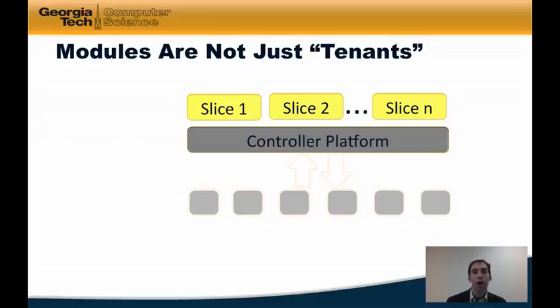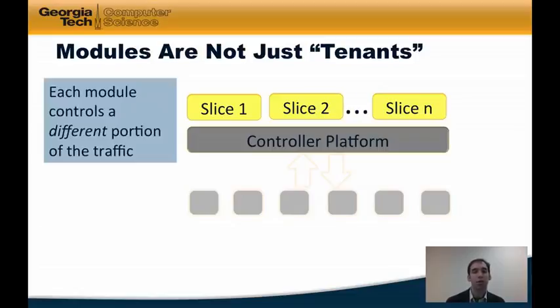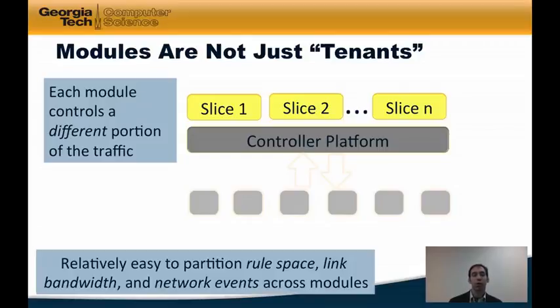However, getting the modules to play nice with one another is complicated. The controller has to perform some amount of arbitration among these modules because they're not just tenants that reside on the same control platform. In a multi-tenant environment, each module would control a different portion of the traffic, guaranteeing that they wouldn't interfere. So it would be relatively easy to partition the rule space, link bandwidth, and various network events across these different modules.